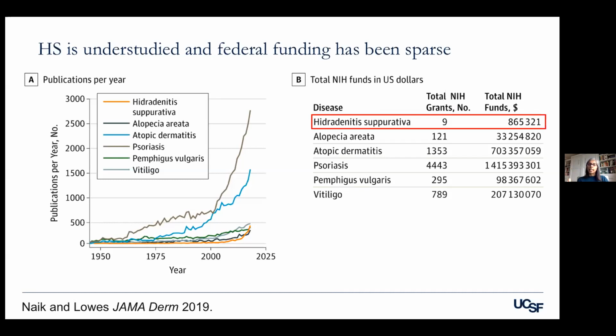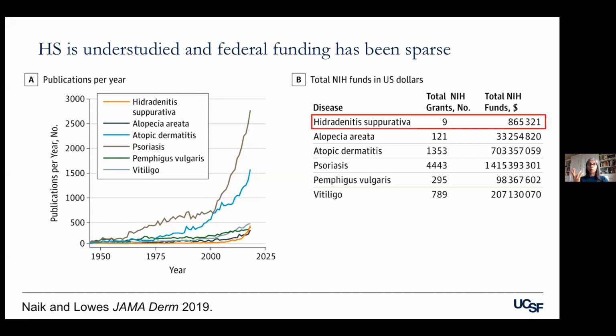And on the right is a table of total NIH funds dedicated for HS-related research and total number of grants. Since this table was published in 2019, we've acquired 3 more NIH grants, but the numbers are relatively the same. And you can see that grants and funds for HS have really paled in comparison to that of other immune-mediated skin diseases.